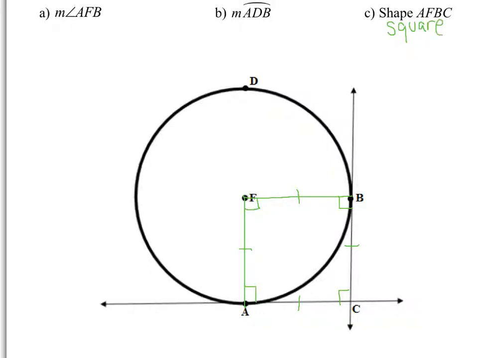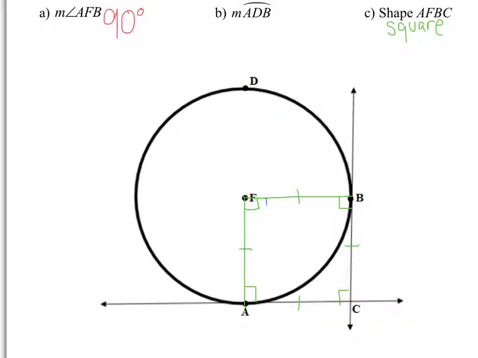All right, next thing, we need to find the measure of angle AFB. Well, we already figured that out. It's 90 degrees. And now we need to figure out the measure of arc ADB.